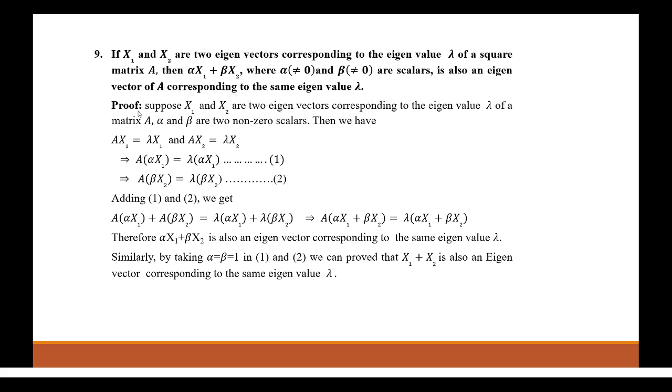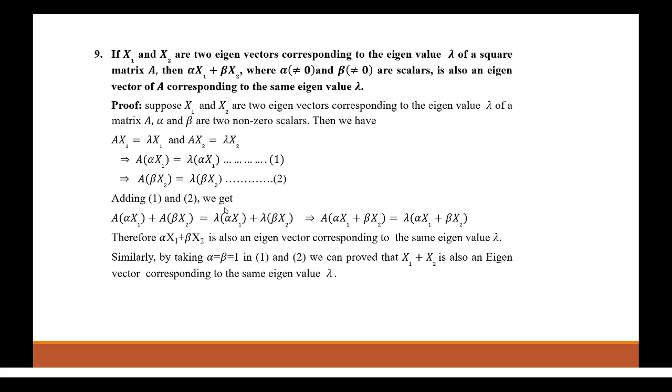In the proof, suppose x1 and x2 are two eigenvectors corresponding to the eigenvalue lambda of a matrix A, and alpha and beta are two non-zero scalars. Then we have Ax1 is equal to lambda x1 and Ax2 is equal to lambda x2. Then the above equations can be written as A alpha x1 is equal to lambda alpha x1 and A beta x2 is equal to lambda beta x2.